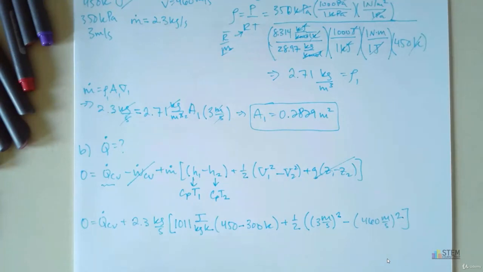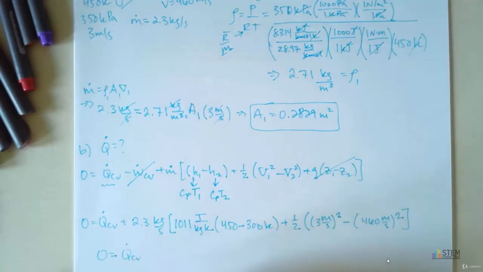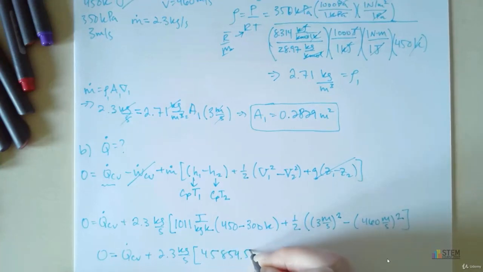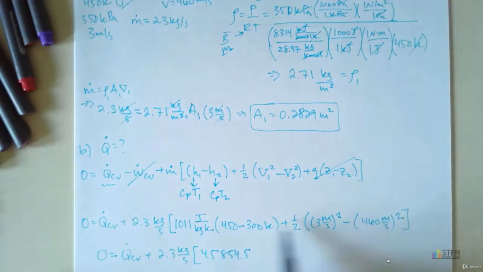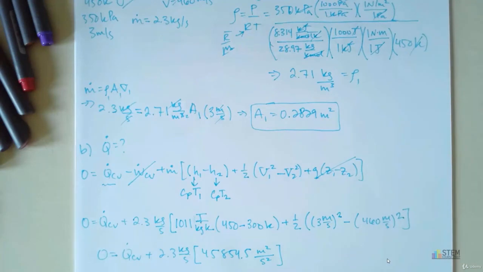So now that we have that, let's go ahead and go a step further. Now we're going to have 0 equals QCV dot plus 2.3 kilograms per second, and then let's take care of all these calculations here. This is going to give you 45,854.5, and the units, if you break this down, this is joules, you're going to get meters squared per second squared.